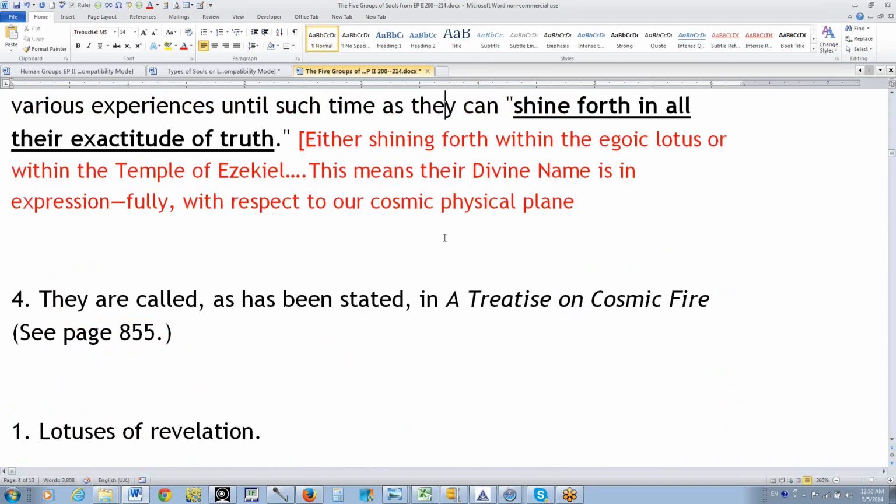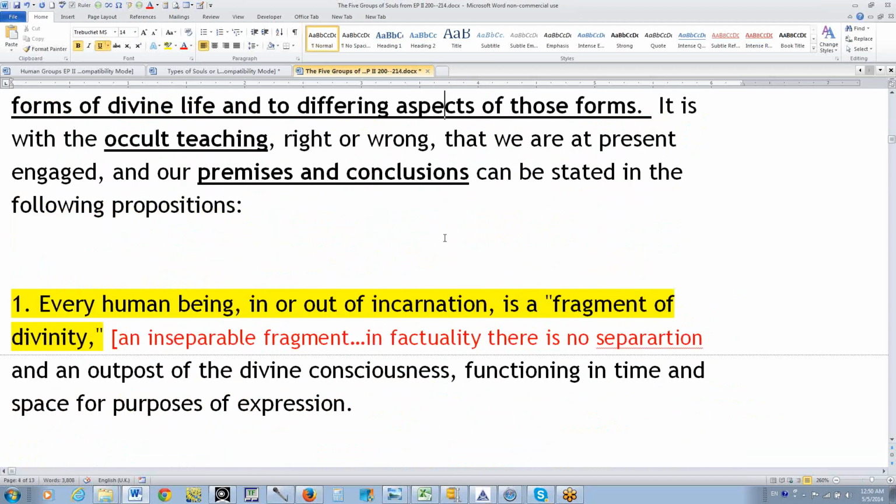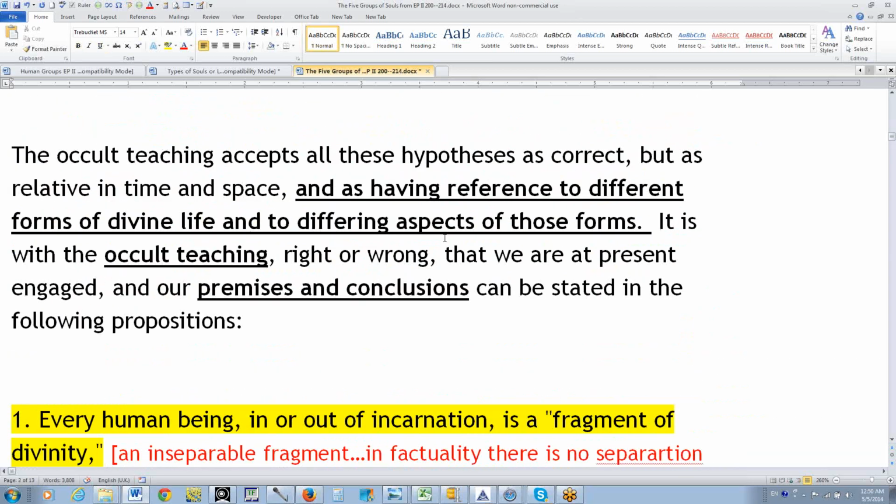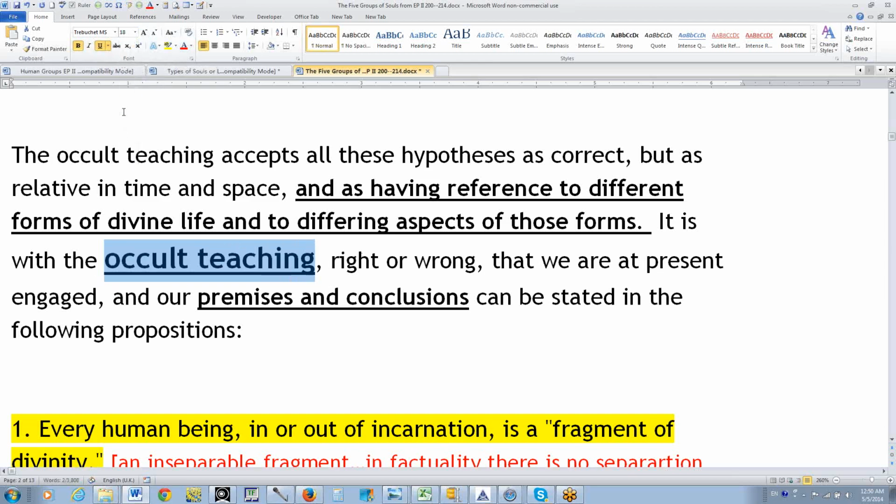Now, what we were really looking at here, let's remind ourselves, we're interested in the occult teaching on the soul, basically. So I'll make that a bit bigger, to emphasize it. We're interested in the occult teaching, right or wrong, that we are at present engaged, and our premises and conclusions can be stated in the following propositions.